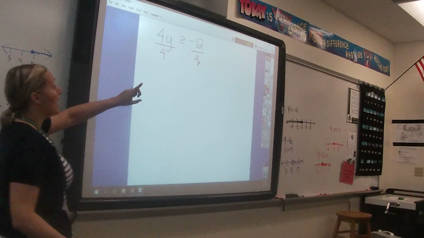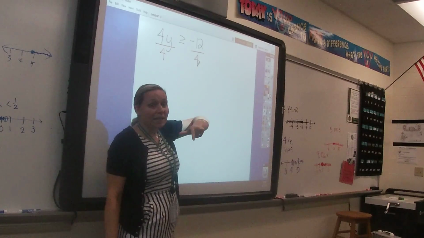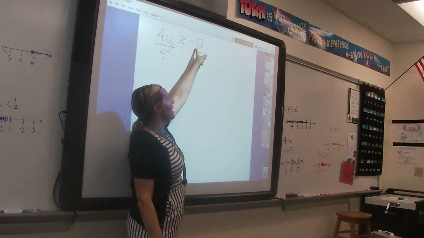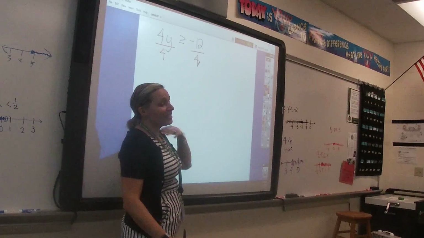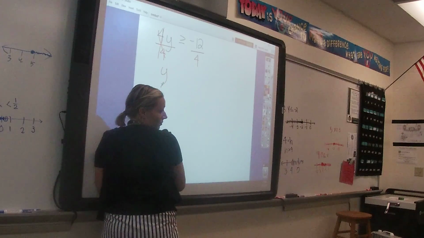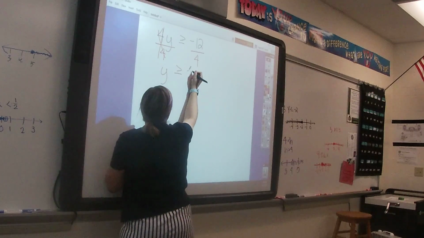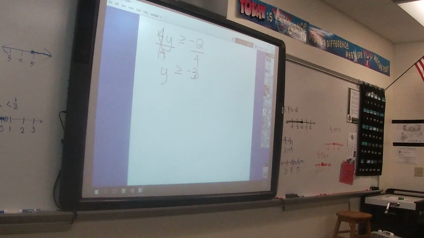No. Is there a negative involved in the division? Yes, but are we dividing by a negative? No, we're doing negative 12 divided by positive 4. So this is not a reason to flip the inequality sign. And we'll have y is greater than or equal to negative 3.